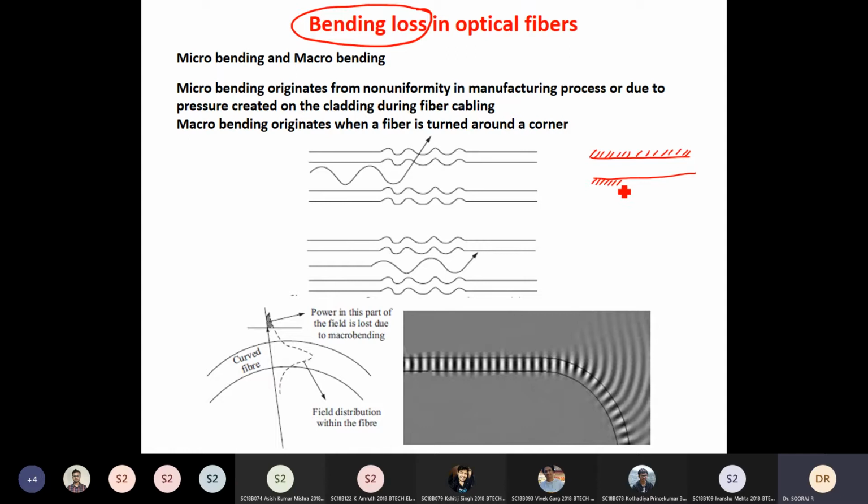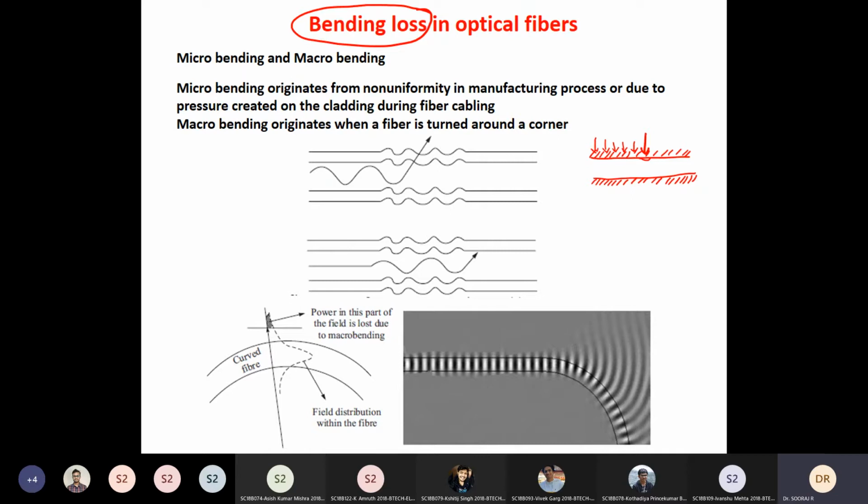In this process, at some point there is some pressure imbalance, some pressure exerted during the fabrication of the fiber. Let's say at some point a larger pressure is applied, because of which you can have some bend over there. That bending is what is called micro bending.